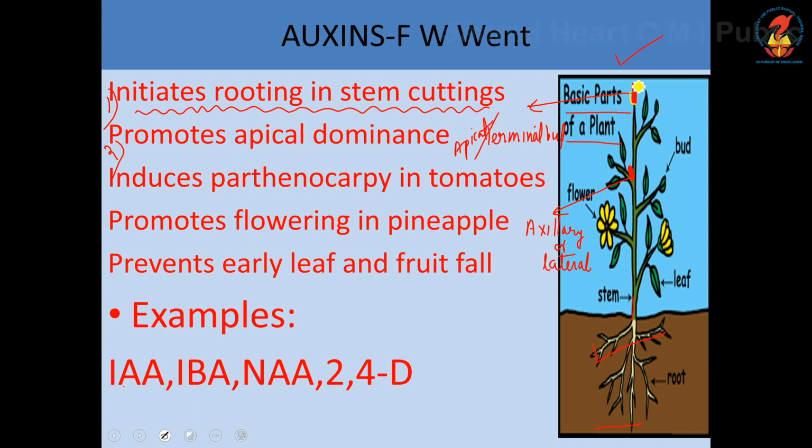So, we identified 2 buds, one at the tip of the stem and one at the angle of the leaf and the stem.